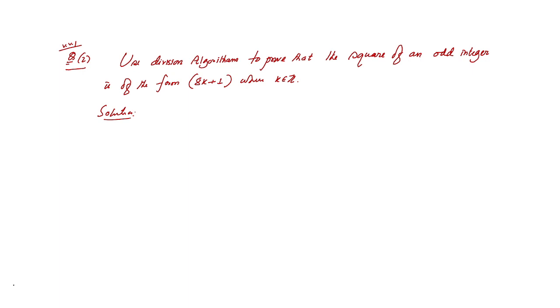So now the odd integer is always of the form... if we take any integer and apply the division algorithm, what can we write? By the division algorithm, every integer, say your integer is n, if we divide by 4, there is a quotient and a remainder r.